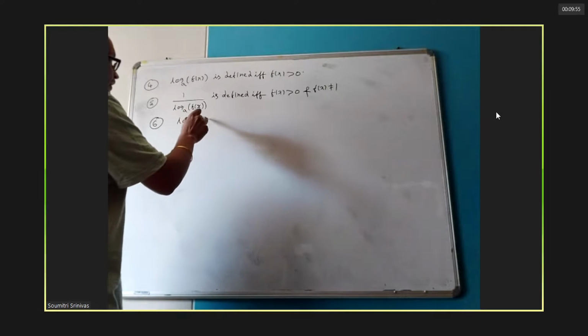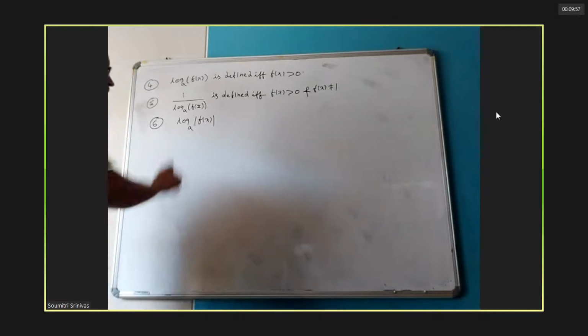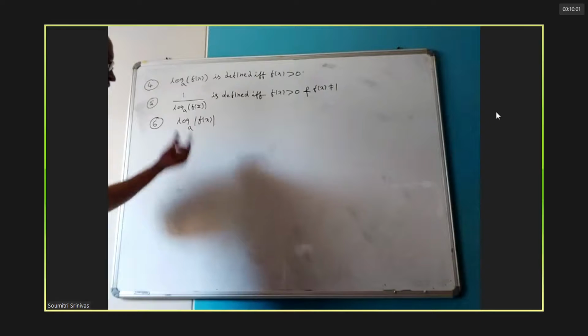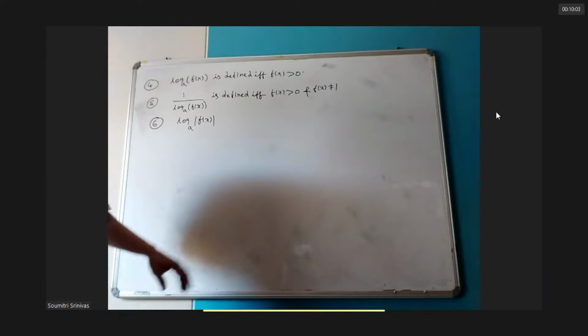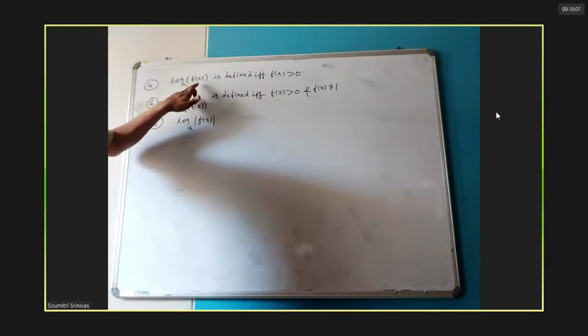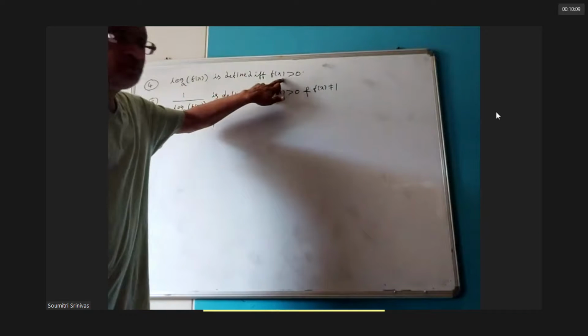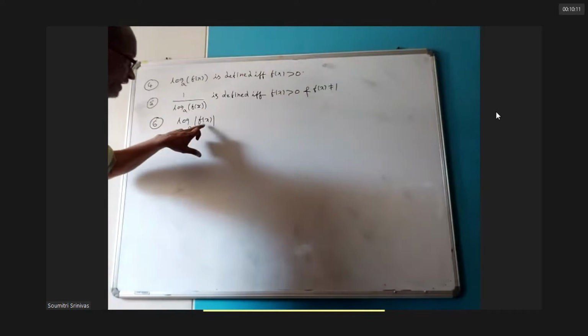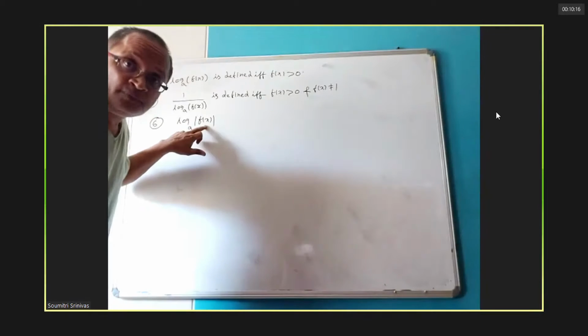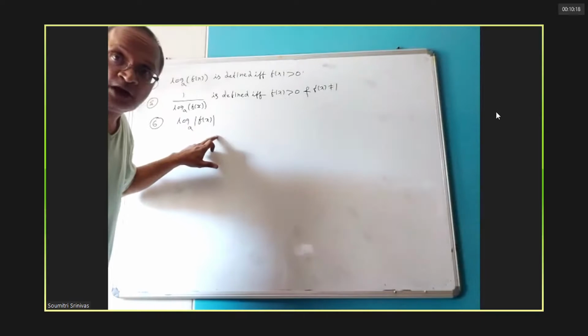Log mod f of x. Now what happens? Can f of x be negative? Earlier we said f of x must be positive. Now what do we say? Log mod f of x. Can f of x be negative? Yes, because you are under the modulus sign.